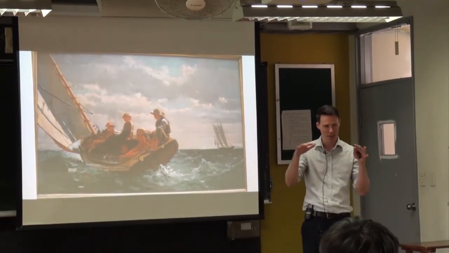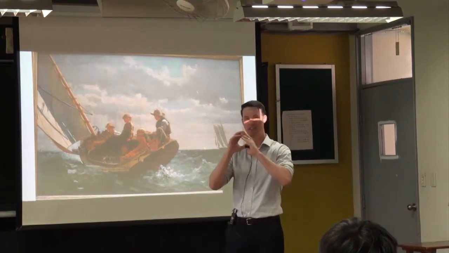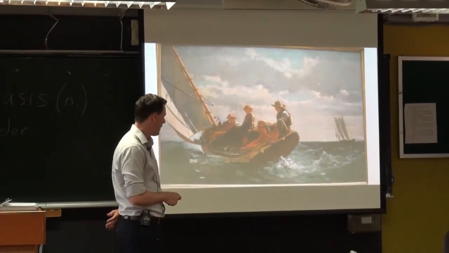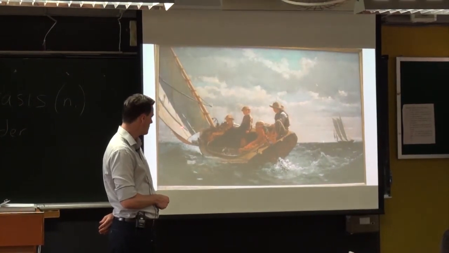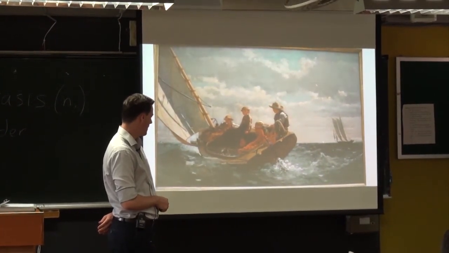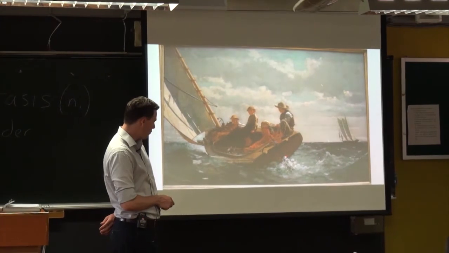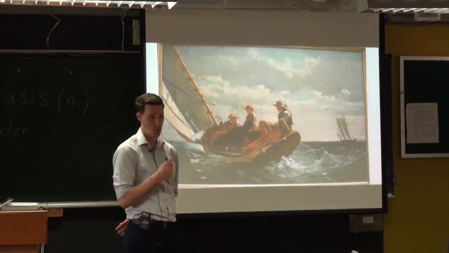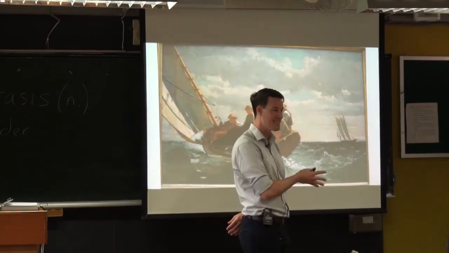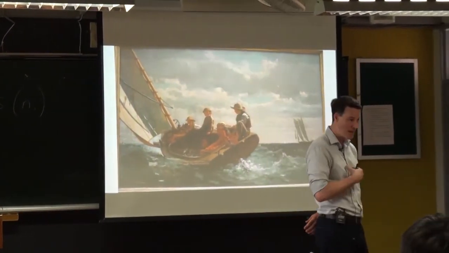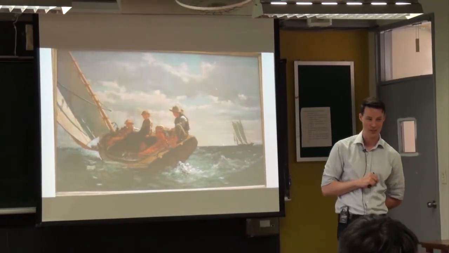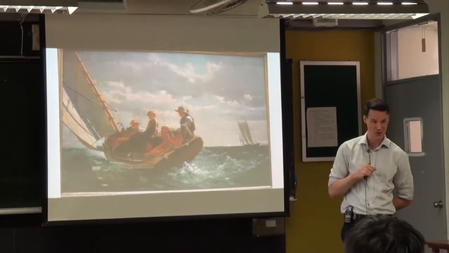I already mentioned the boy looking towards the horizon. I also pointed out the rudder. The rudder means that you can steer. So you have some ability to get out of this dangerous situation.